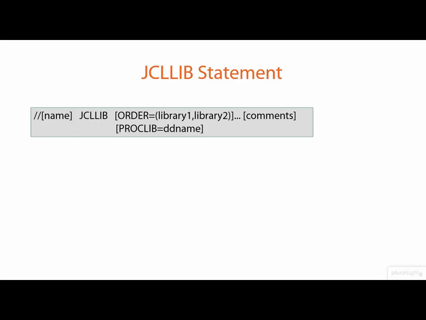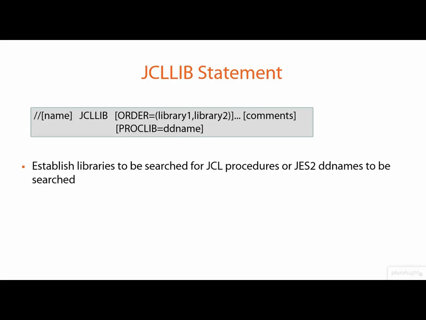The JCLLIB statement, as I said before, can be used to direct that Proclib search to libraries of your own choosing. So the ORDER statement, for example, is intended to allow you to specify a library that you want used to resolve any proc that you might execute.